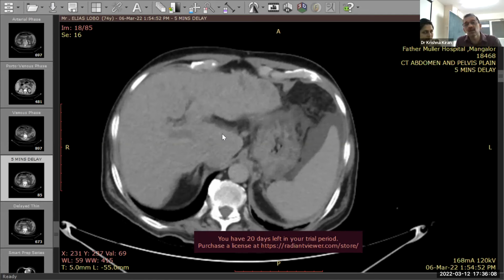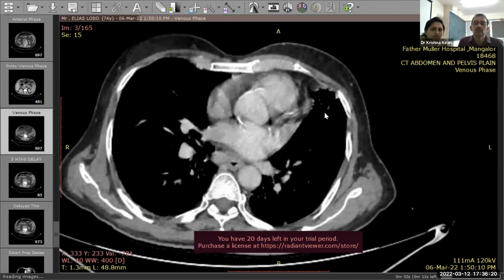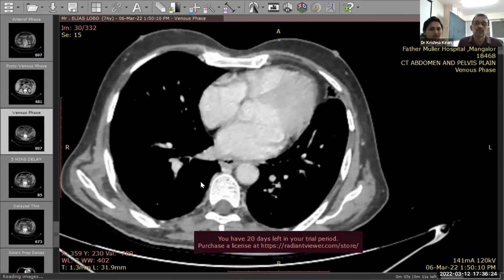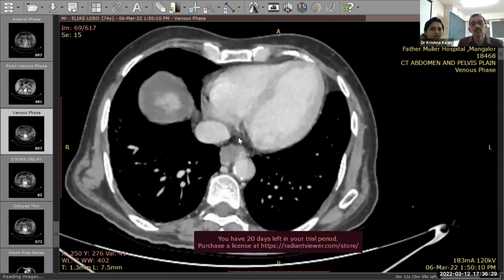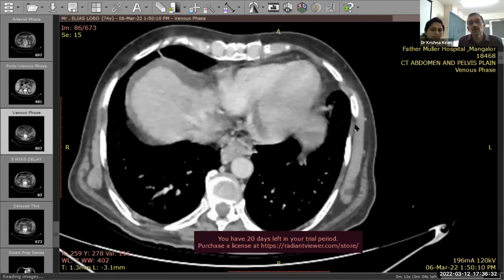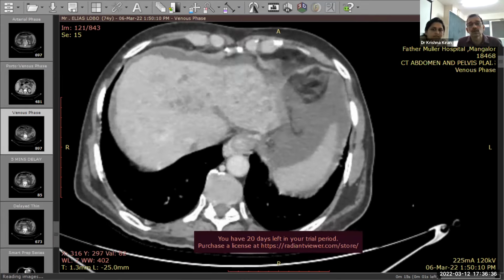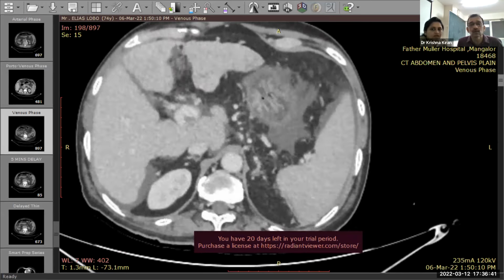So that is about the liver. What other findings are there here? There is wall thickening seen in the esophagus with a few perigastric, perisplenic, and some periportal collaterals.